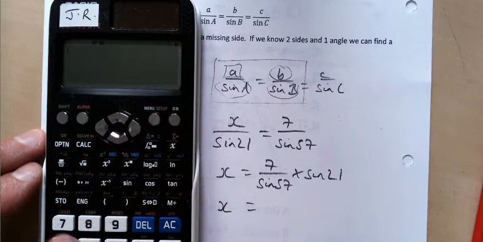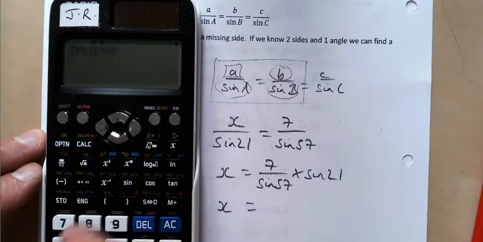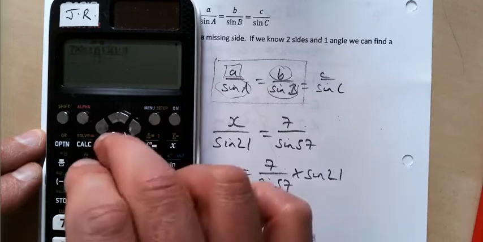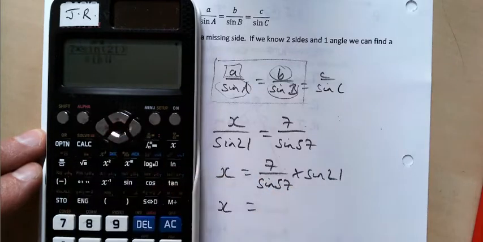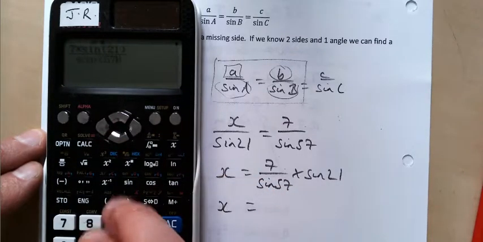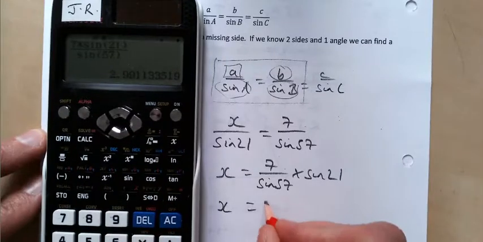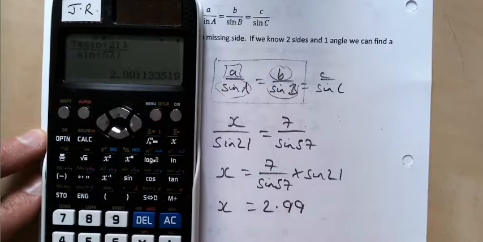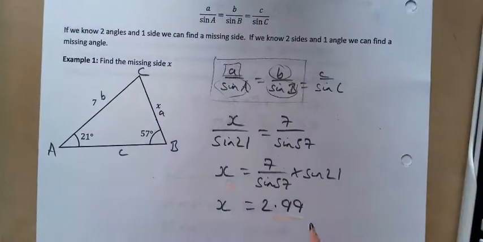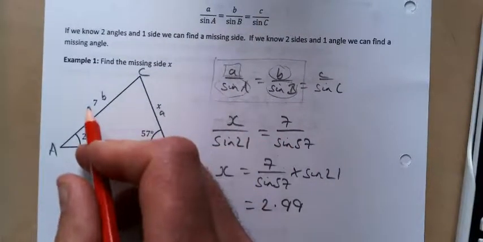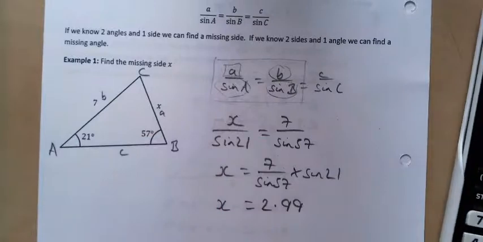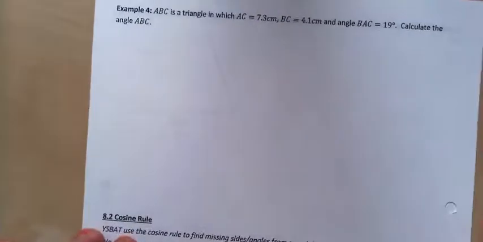Let's go for another method. 7 times sine 21, close the brackets, over sine 57, close the brackets, equals. Okay, it likes that one a bit better, so that's going to be 2.99, and it's a side, and it doesn't give us any measurements, so we'll just leave it as 2.99.